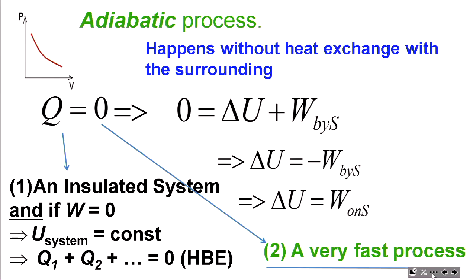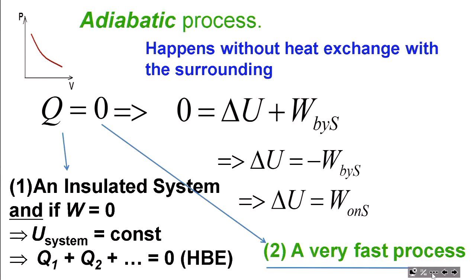Thermal equilibrium is reached, and we know what to do about it. But there is another option which is very practical. When the process is happening so quickly, so fast, that there is no time for heat exchange with anything outside of the system. If that is happening, Q equals 0, no heat is absorbed or released. In that situation, the change in the internal energy is related to the work done by the system or on the system.